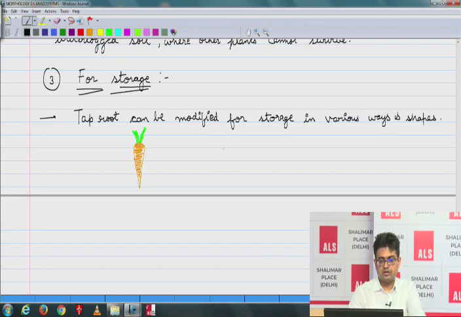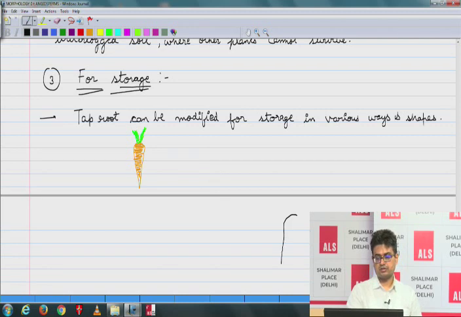Let us see if you can recognize this. Yeah, it is a bit difficult to draw it on this page.